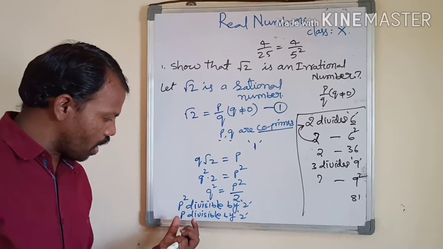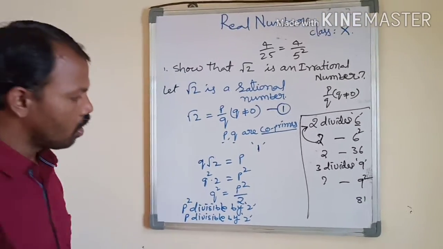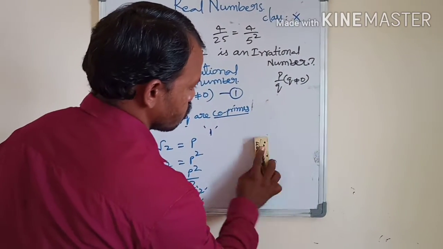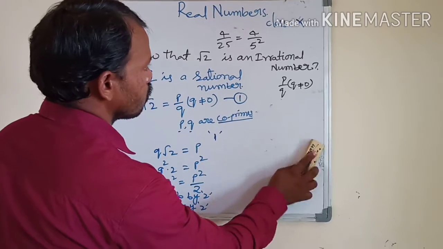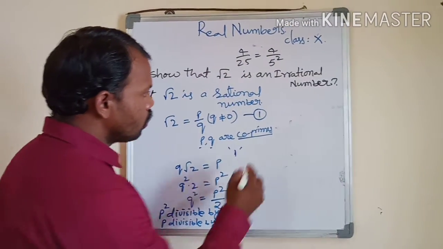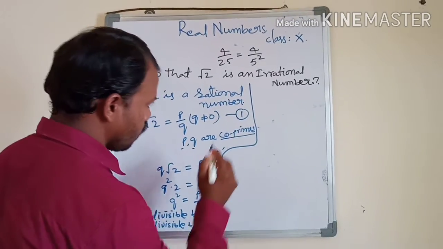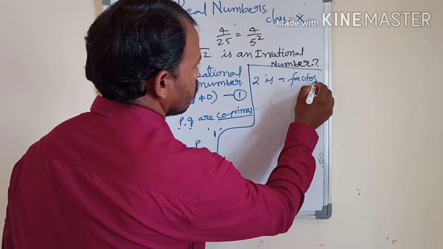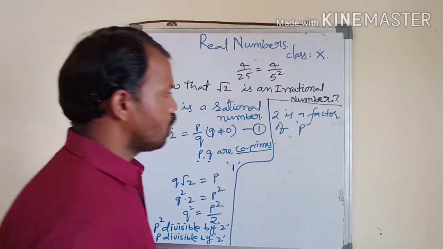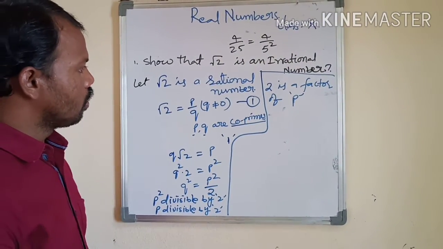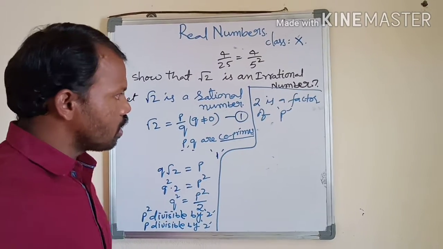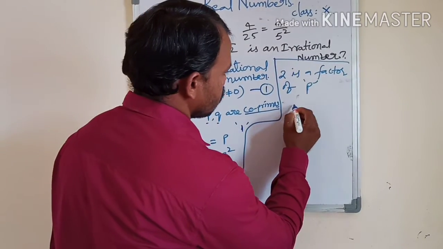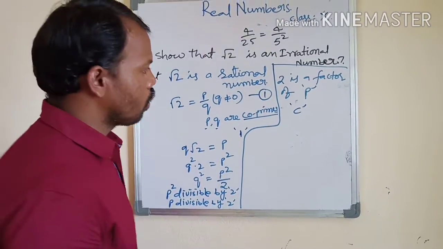So when it divides exactly, 2 is a factor of P. Suppose c is one more factor.